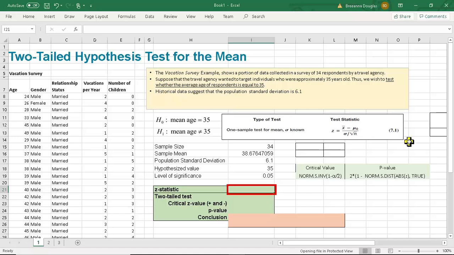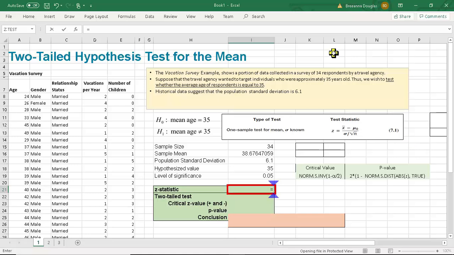The next step is to determine the z-test statistic using the formula sample mean minus hypothesized value divided by population standard deviation divided by the square root of the sample size.